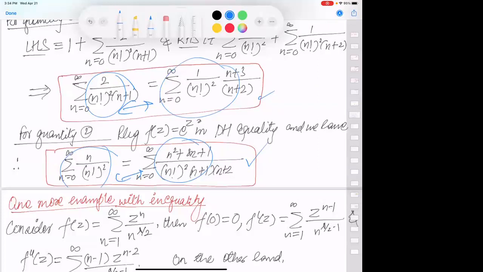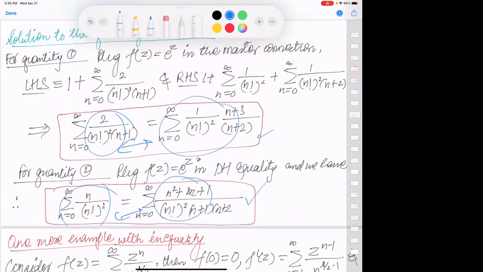Then I thought, okay, how is this happening? I really don't know. We have two different kinds of series, but the summations of them are equal to each other, and it looks a little bizarre at the start. But if you have f of z as e to the z in the master connection, you get this, and if you plug f of z equal to e to the z into the DH equality, you get this.